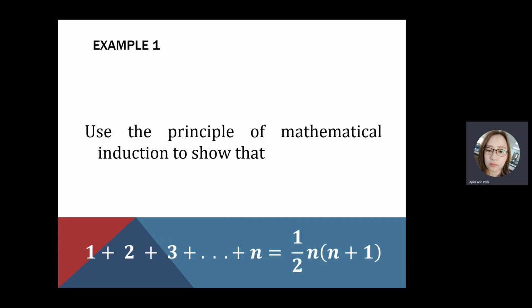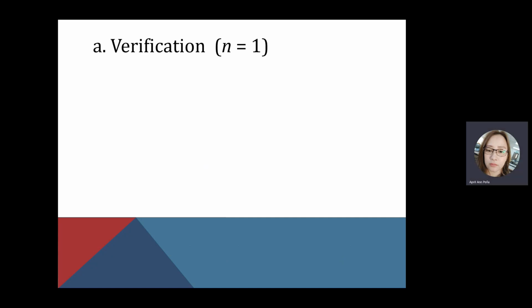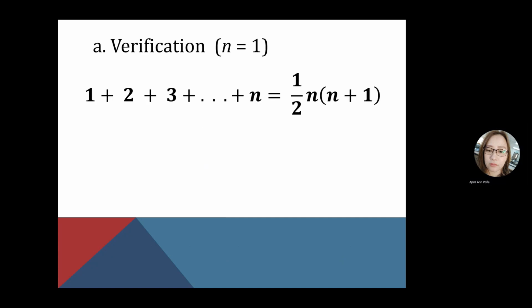So we do have this example. Use the principle of mathematical induction to show that 1 plus 2 plus up to n equals 1 half n times n plus 1. So in order to do this, the first one is verification.